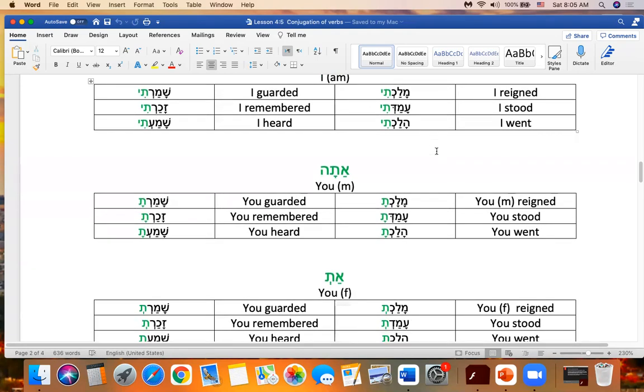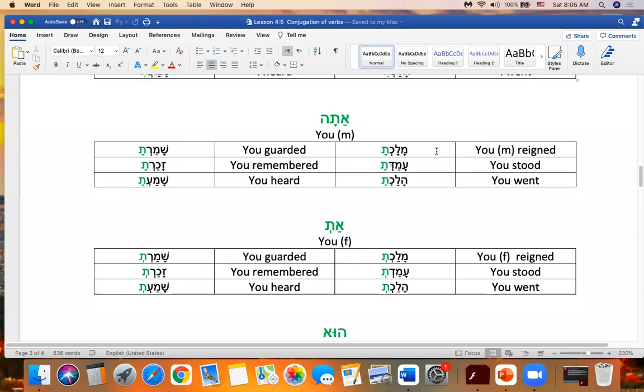So let's look at you masculine singular, ata. So ata, the ending sound is ah. So it's the same thing. You take the root of the word and you add ta. So you reigned is malak, so it's malakta. Stood, amad, amadta. Went, halak, halakta.